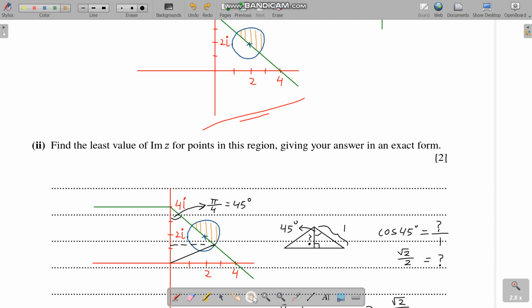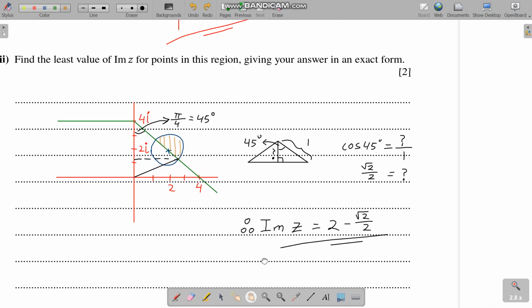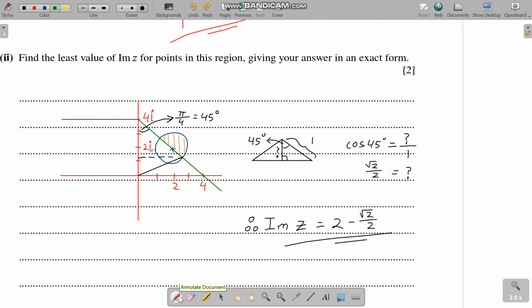So to find that value, just look at this triangle here.